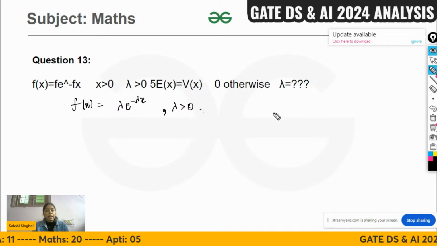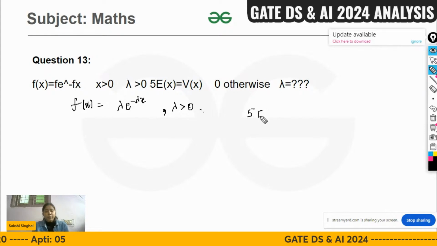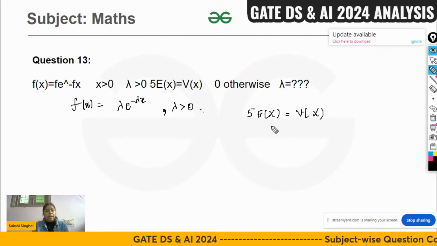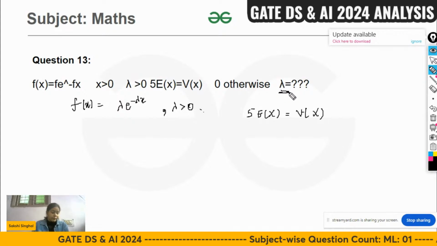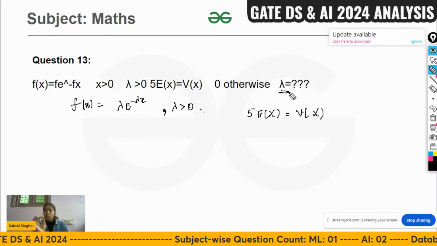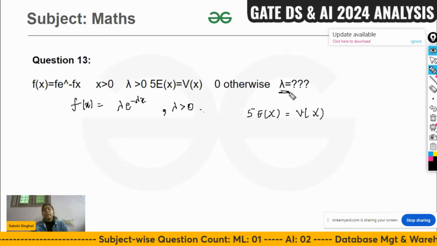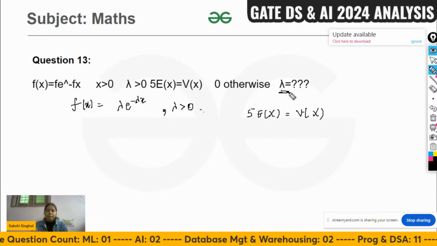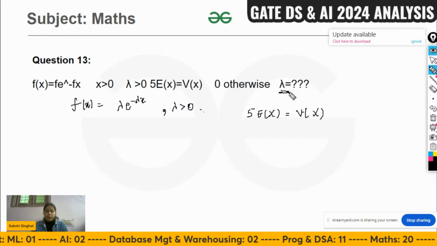Now they have given that 5 into expectation of x is equal to variance of x. Then I have to find the value of lambda. Again, guys, this is a question based on remembering the expectation and variance of the exponential distribution and the probability density function, then you would be able to solve it.